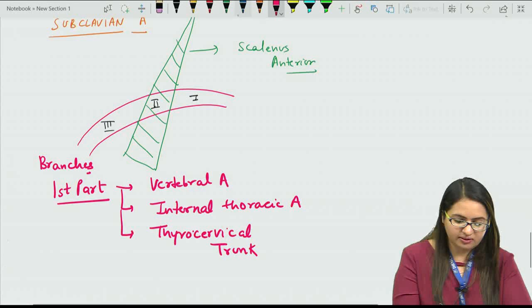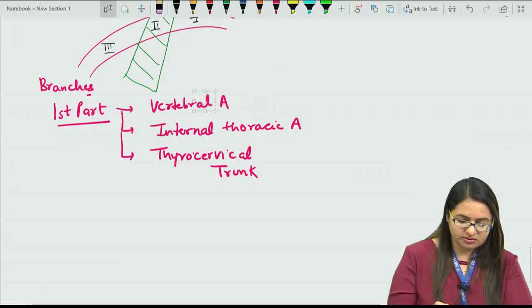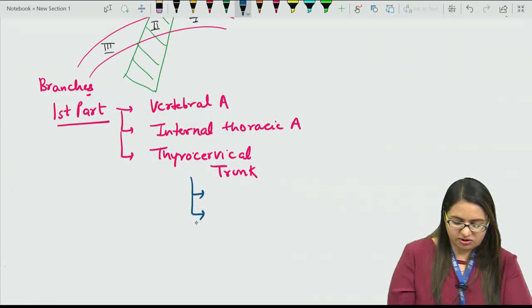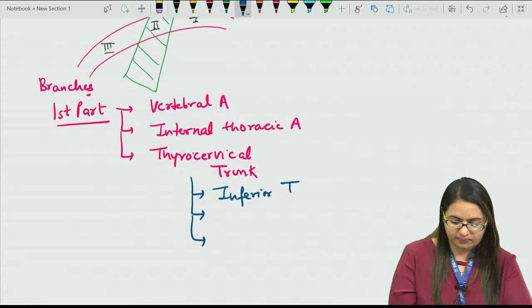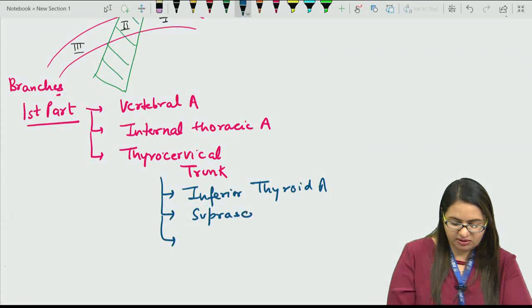This thyrocervical trunk in turn will divide into three branches. The three branches of the thyrocervical trunk are, first, the inferior thyroid artery, then the suprascapular artery, and the transverse cervical artery.